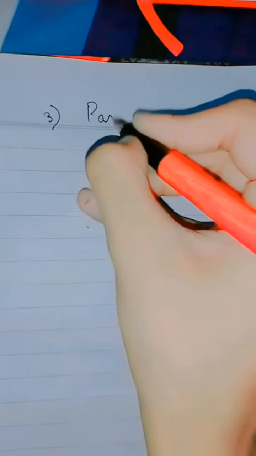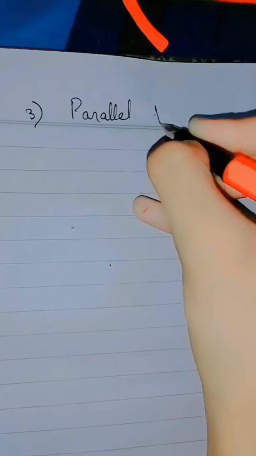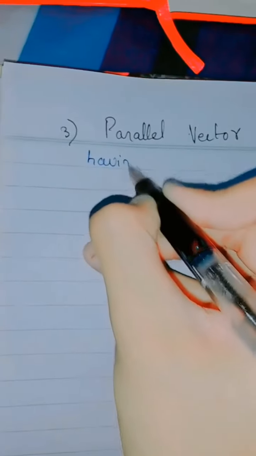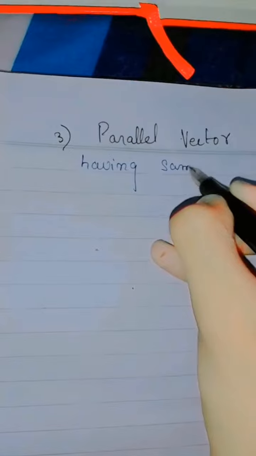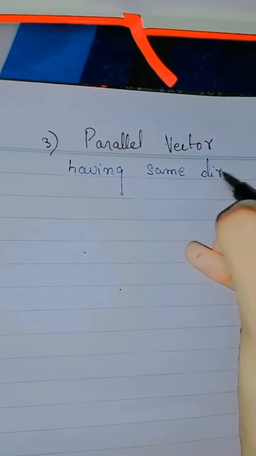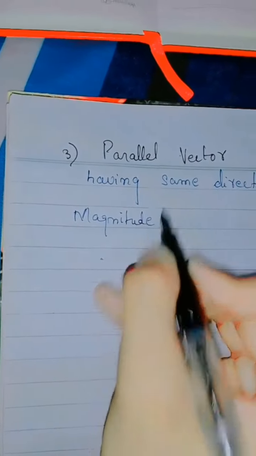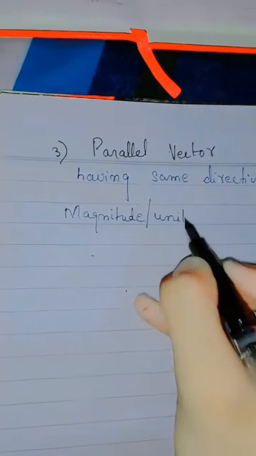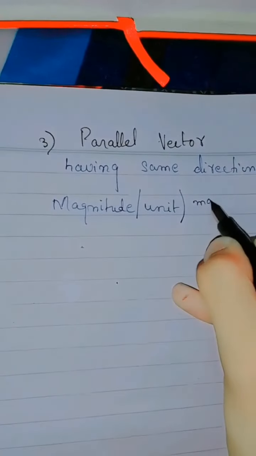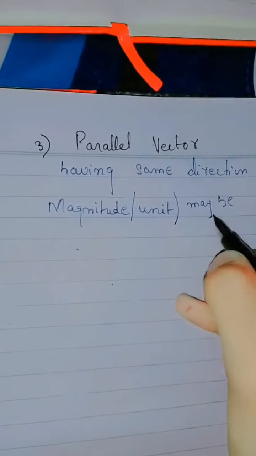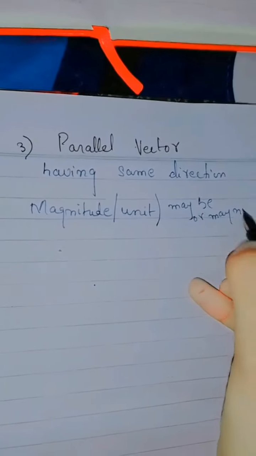Coming to the third vector, that is parallel vector. What is parallel vector? The vectors having same direction, but the magnitude and unit may or may not be same.